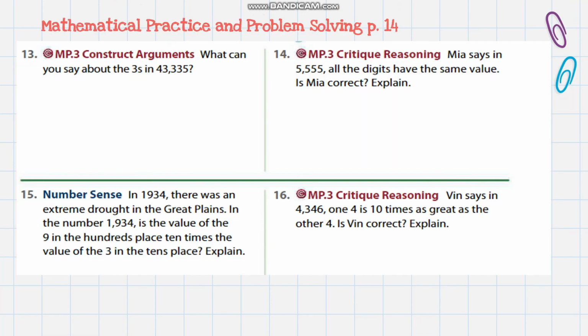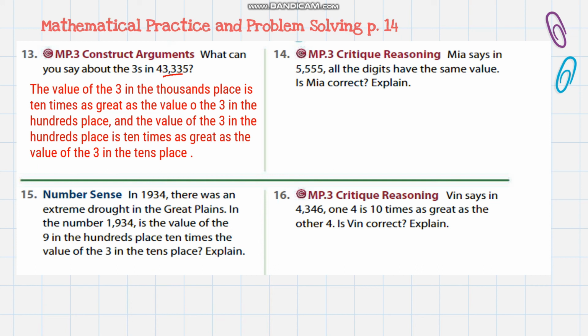Now, let's proceed to the mathematical practices and problem solving. Question number 13. What can you say about the 3's in 43,335? So you're going to find out the relationship of these digits.